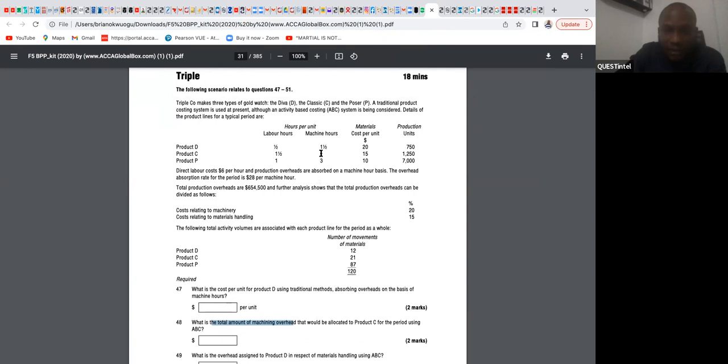So machine hours and number of units, so this is volume driven. If I want to get my cost driver rate, it will now be per machine hour. So what's the total number of machine hours of product C? This one really spoils it because it's still 1 multiplied by 1,250. Doesn't make any difference. Okay, so we'll get our cost driver rate.